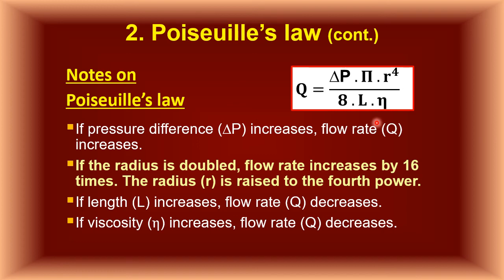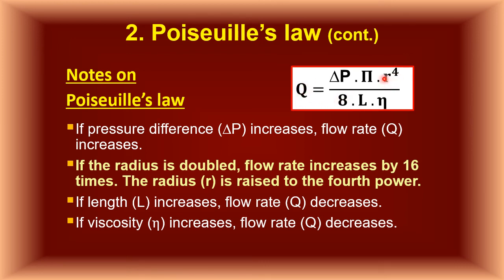So we have here some notes, to apply practically in the field of hemodynamics, which are based on Poiseuille's law. If the pressure difference increases, the flow rate will increase. Delta P increases, I'm getting flow rate increase. If the radius is doubled, what happened? The blood flow will increase 16 times.